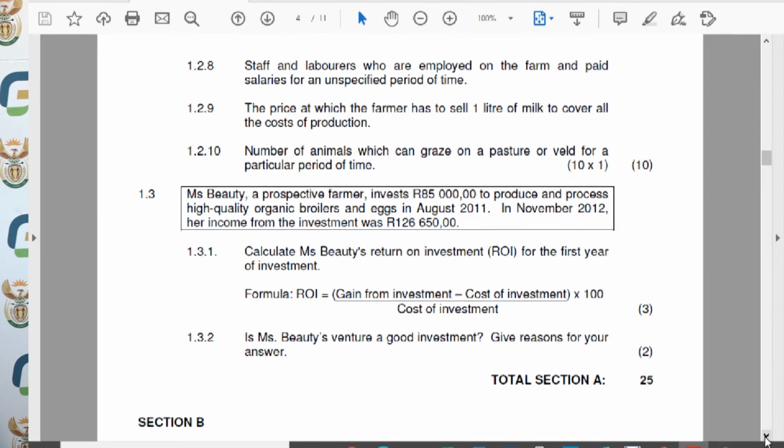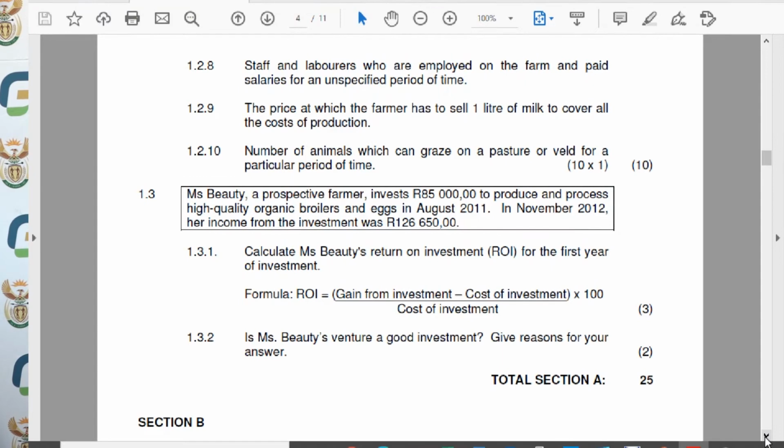100. Now let's come again so that you can understand it, learners. The gain from investment was 126,650. Then we subtract the cost of investment, 85,000. Then we get that answer.